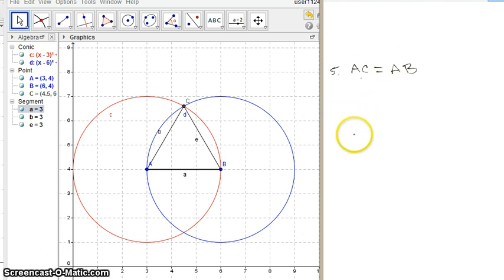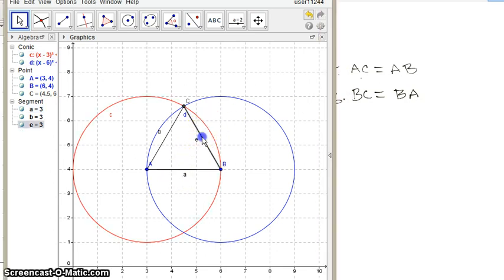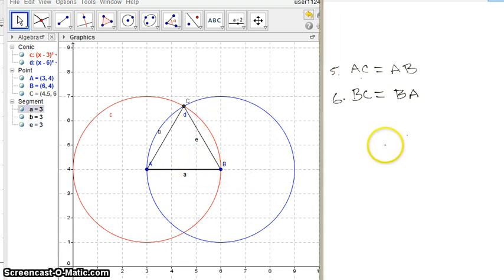Now step 6 says that point B is the center of ACE, the blue circle, so BC equals BA. Now I want to point out that AB and BA are the same line, and BC and AB are both radii or radiuses for the blue circle.